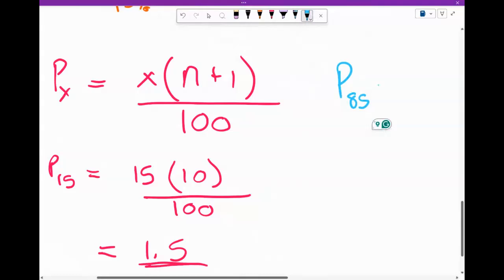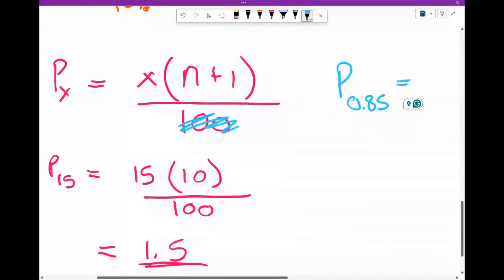Now I'm going to quickly show you something that I think makes life easier. You can also just say P0.85, and because I've said 0.85, I've basically removed the 100.